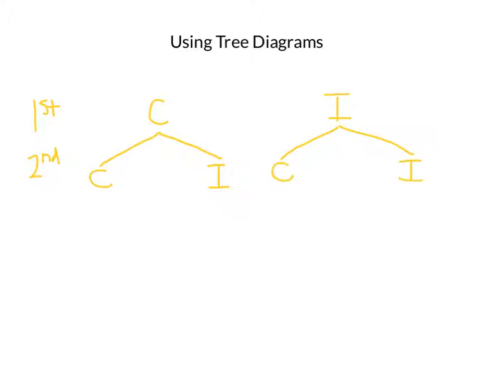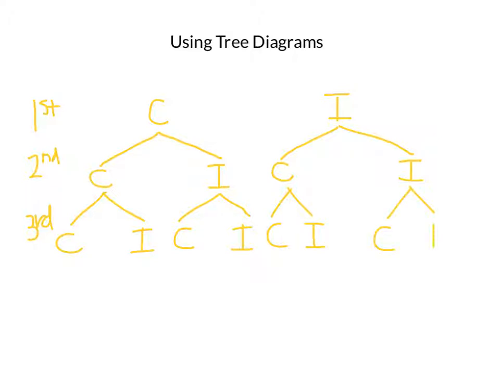Now the third tier is going to be the third question. So I could either guess the third question correct or incorrect, again on all of these. And you can see I'm quickly running out of room, so I don't even know if I'm going to be able to fit 5 on here.